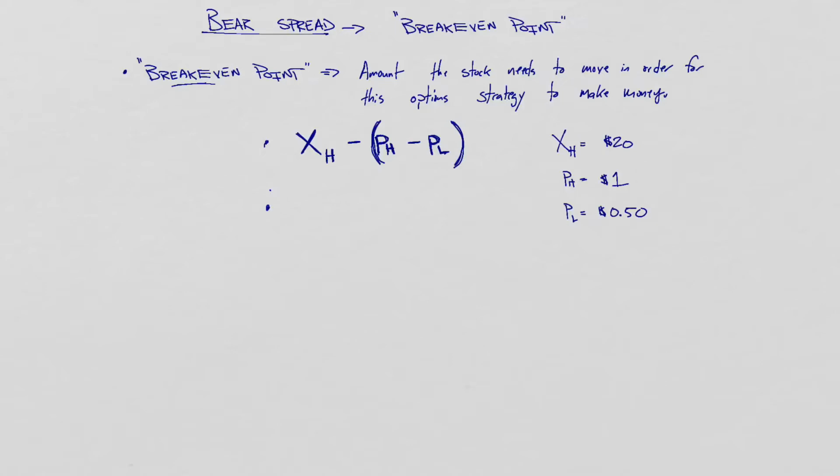Then it's no longer going to be a break-even point where it's going to be $19. It's instead going to be that $1 that we paid minus the 50 cents that we received from selling the lower strike option. So it's now at $19.50, our break-even point. We went from $19 to $19.50 because of this bear spread.